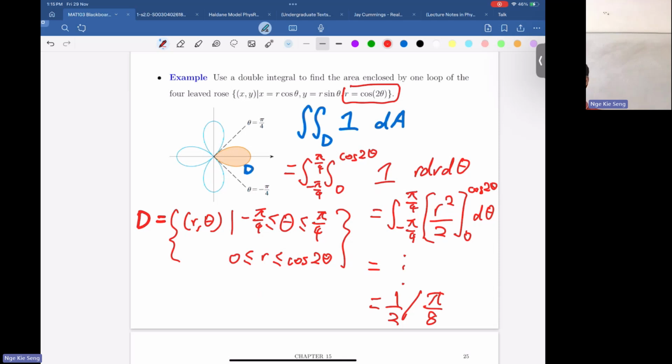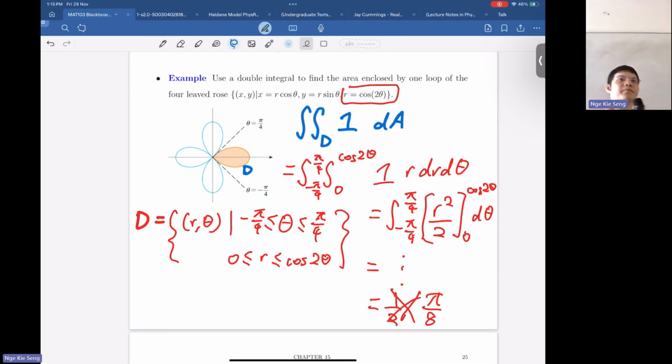Pi over 8. Try to check. Do you get pi over 8? Did you forget that r or not? Is there any problem calculating the integral?